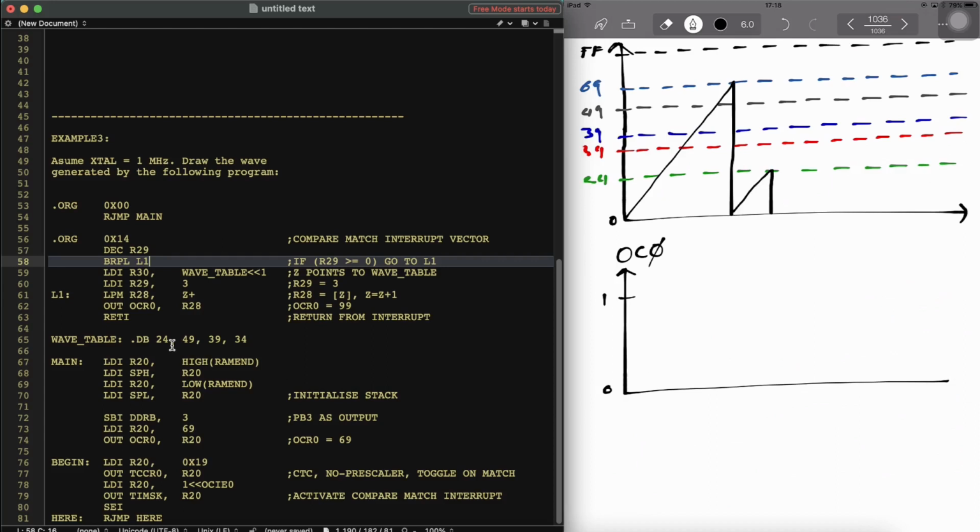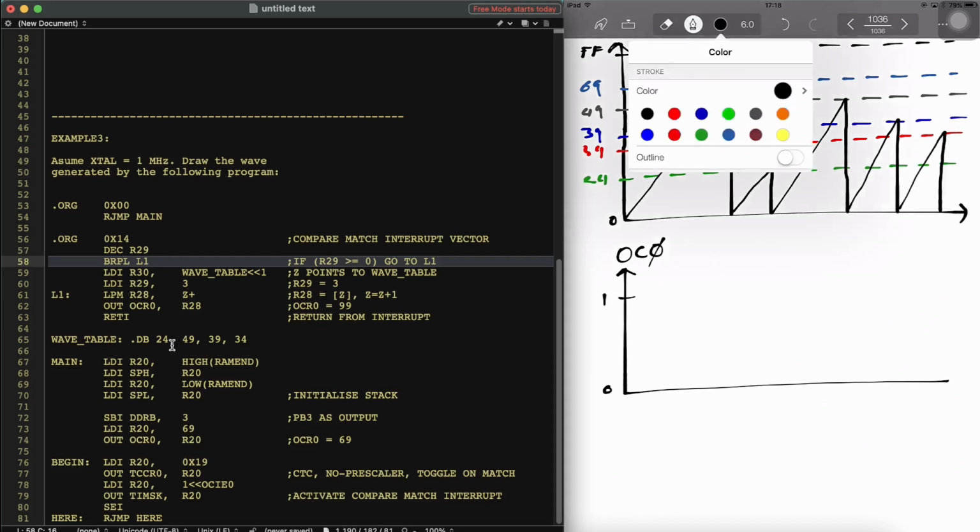And then 49, and then 39, and then 34. So you can see how our wave is different as a duty cycle by changing the OCR values.